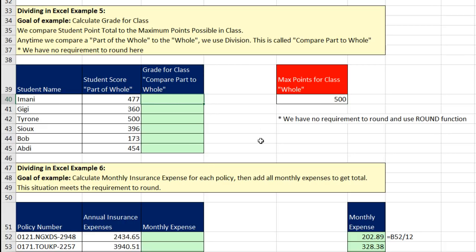So let's calculate our decimal grade for each student using division. Anytime we have a part and we want to compare it to the whole, we can use division. Equal sign, left arrow to get the score for that particular student as a relative cell reference, divided by, and I'm going to arrow over. We need to lock it on E4, so I use the F4 key.